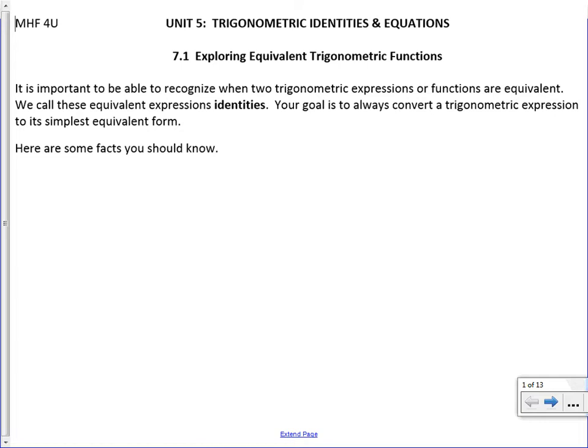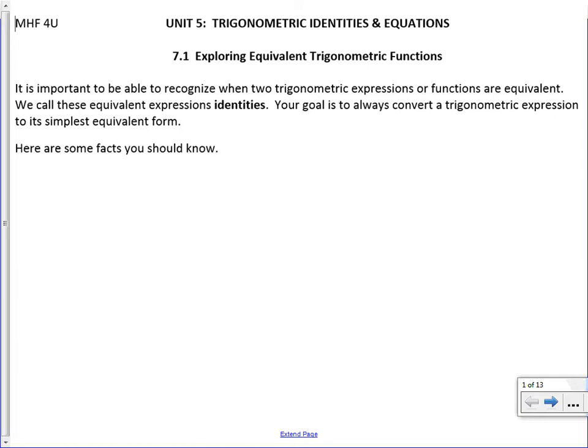So let's start with some basic ideas, basic identities. It's important to be able to recognize when 2 trigonometric expressions or functions are equivalent. We call these equivalent expressions identities. Your goal is to always convert a trigonometric expression to its simplest equivalent form.